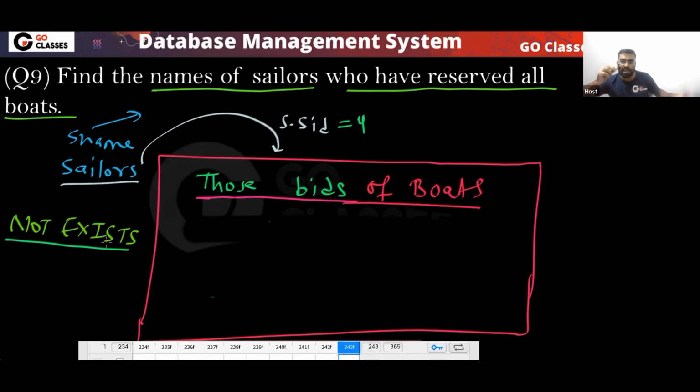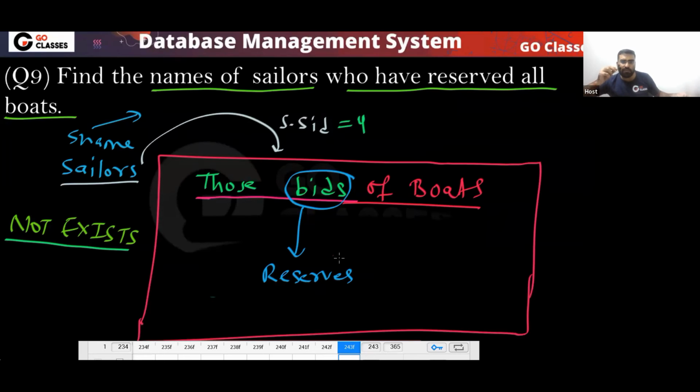Send them inside whom? The Reserves table, right? In the Reserves table I will send them one by one. Yes or no? So you can notice I will send them inside.